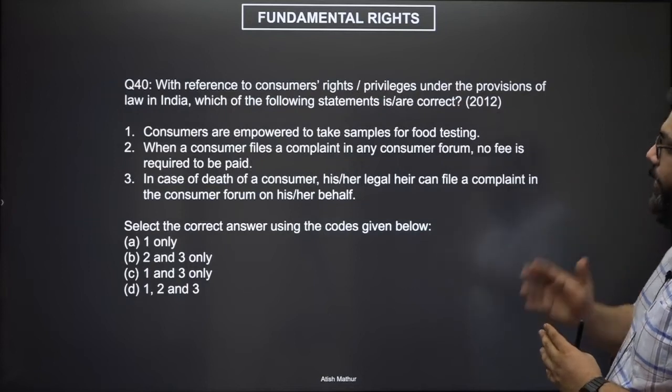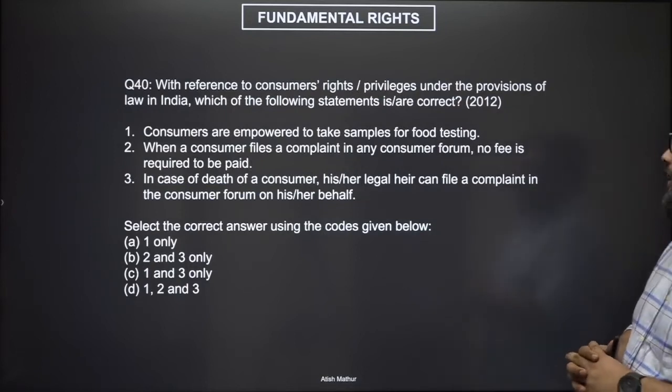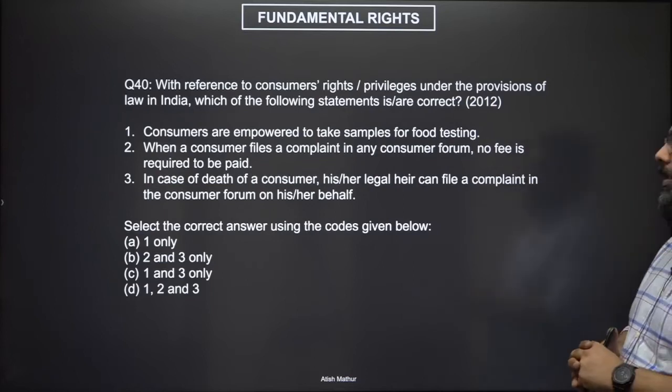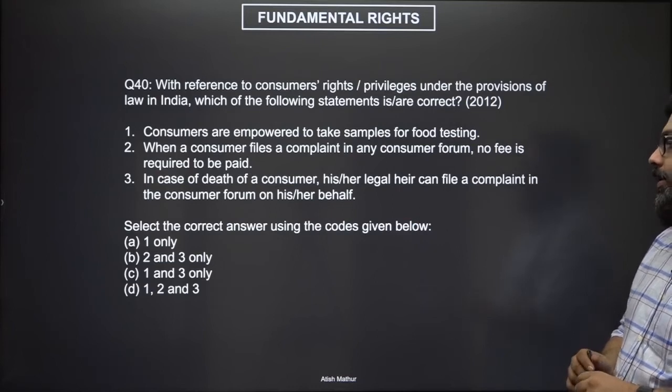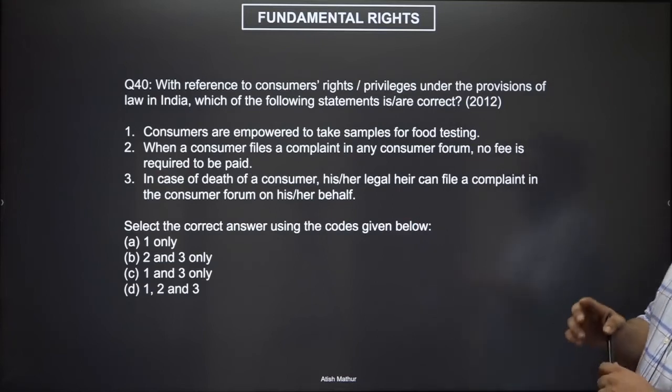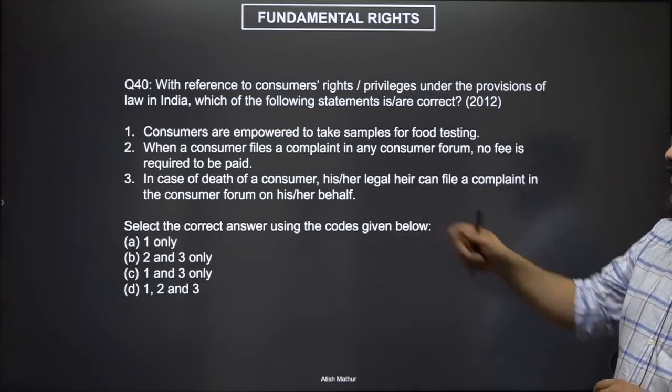In case of death of a consumer, his or her legal heir can file a complaint in the consumer forum on his behalf. We look at option combos: 2 and 3, 1 and 3, 1, 2 and 3. Option number 3 is mentioned in 3 out of 4.